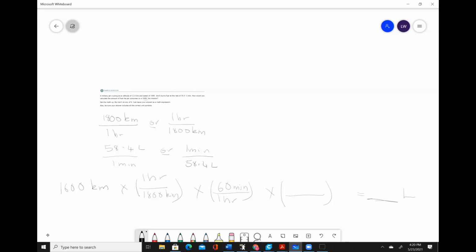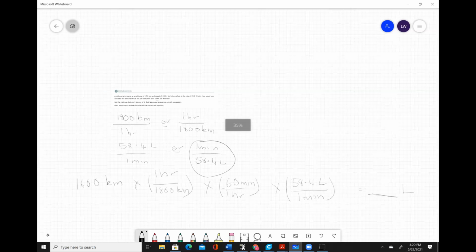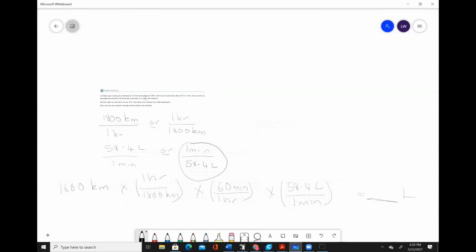And then bingo, now I can apply this guy, 58.4 liters for every 1 minute. So how did I know how to do that? All right. So what I knew is the only thing that had amount of fuel in it was this conversion factor here.